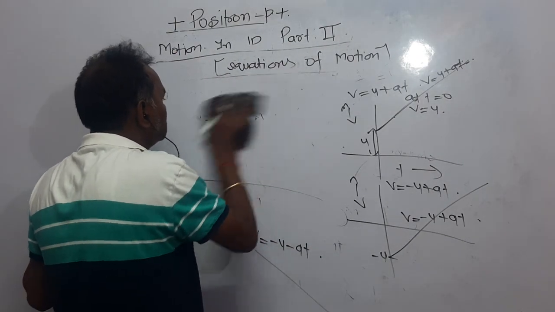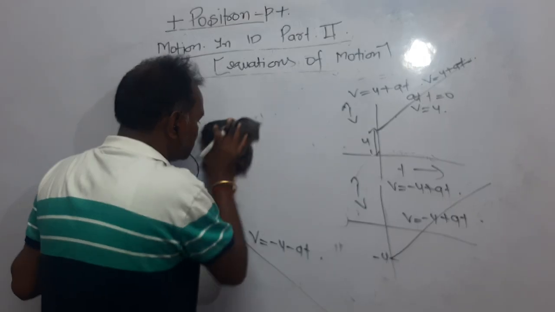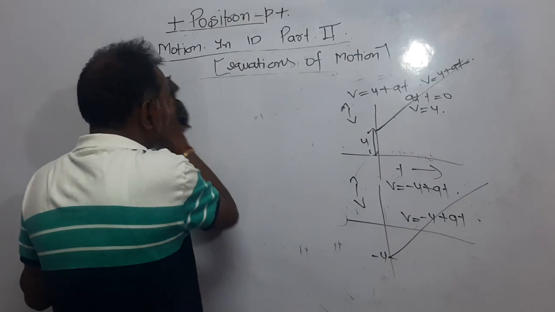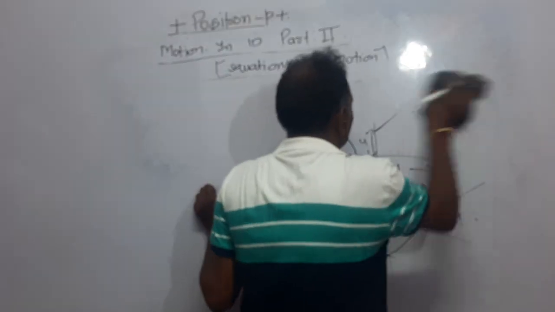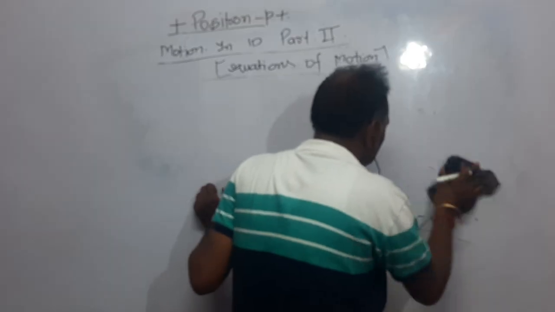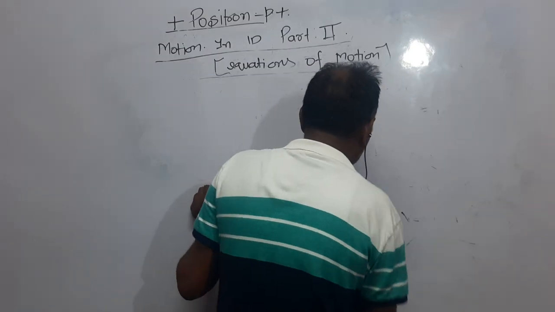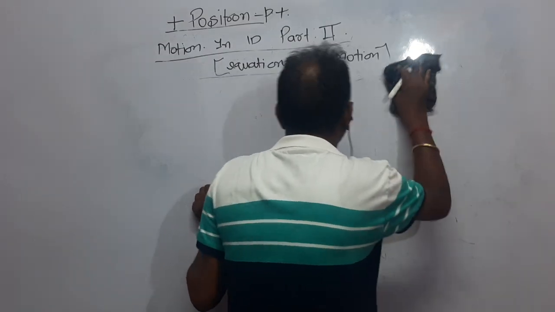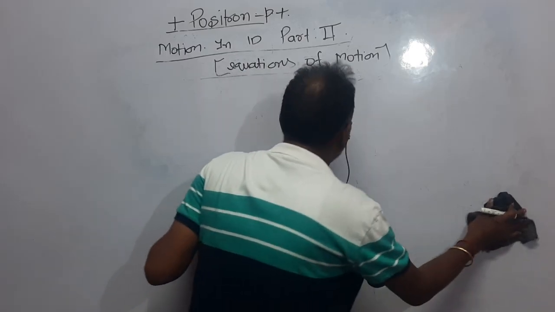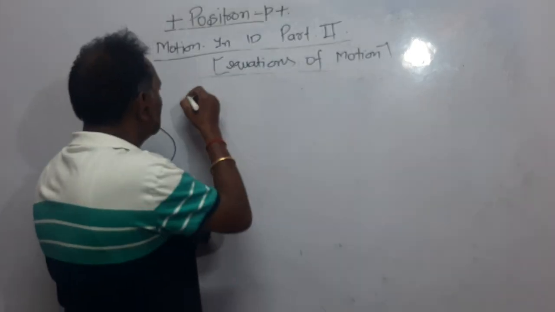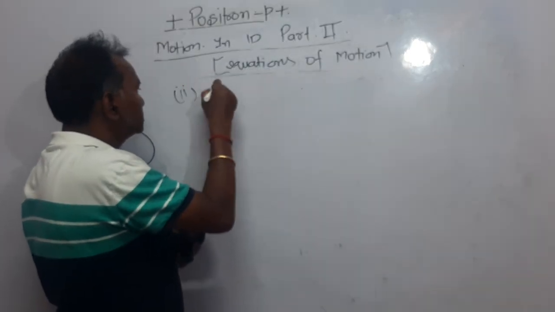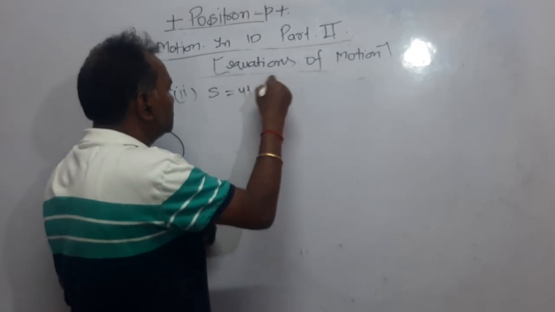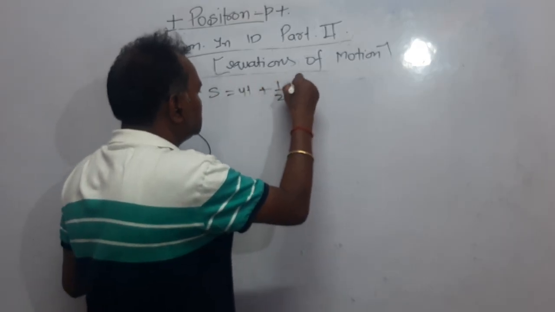Now, dear student, let's move to the second equation. Second equation of motion is what? This is s equal to ut plus half at square.